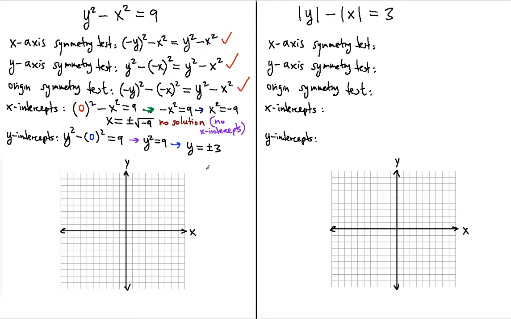So what does that tell you? It tells you that there are actually two y-intercepts, right? Because the first y-intercept is at 0, comma, positive 3, and the other is 0, comma, negative 3 for the y value, right?